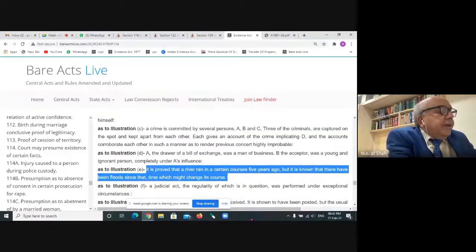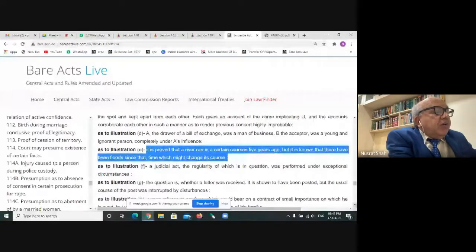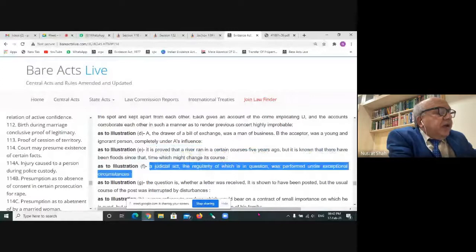Yes. Then as to illustration E, a judicial act, the regularity of which is in question, was performed under exceptional circumstances.